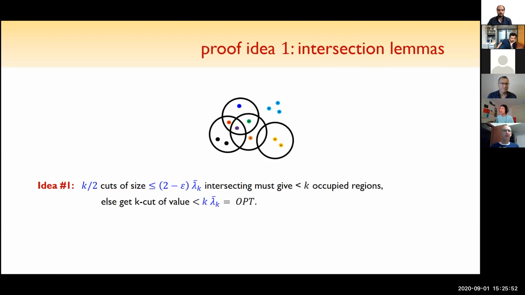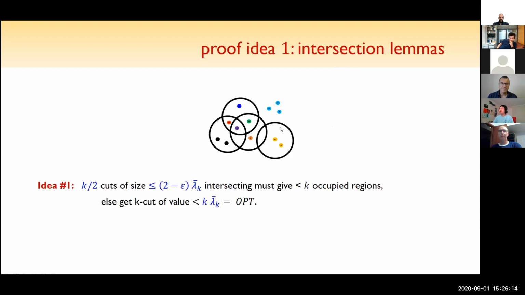So the first idea we have in mind is that if we view the set of small cuts as sets on a universe of vertices, subsets of vertices, then these sets cannot intersect in too many complicated ways.